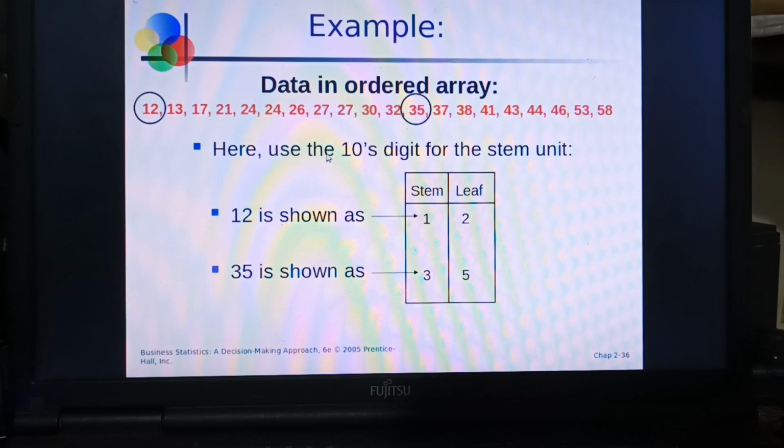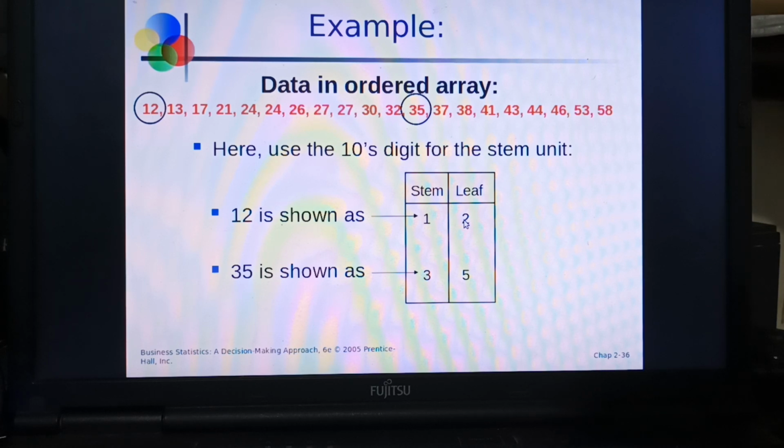Here, we use the tens digit for the stem unit. We have the stem and we have the leaf. For example, for 12, the tens digit is 1, meaning this is 10, and the 2 is the leaf.